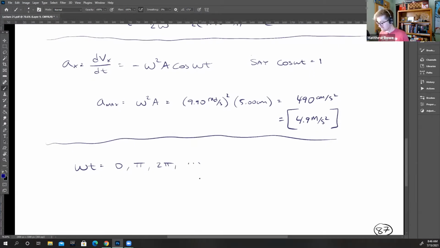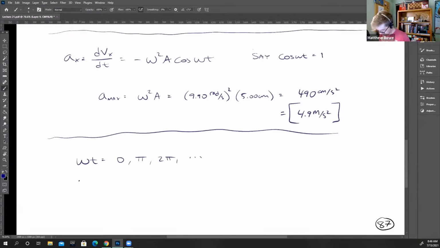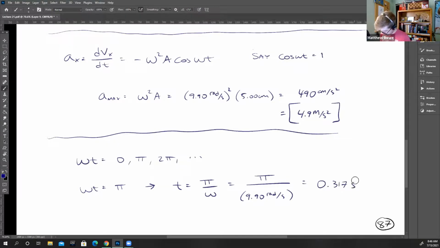What's the first one that isn't 0? So we're not going to take 0. We're going to take the first one that isn't 0, pi. Say omega t equals pi. Solving for t, we have pi over omega, which is just pi over 9.90 radians per second. That equals 0.317 seconds.